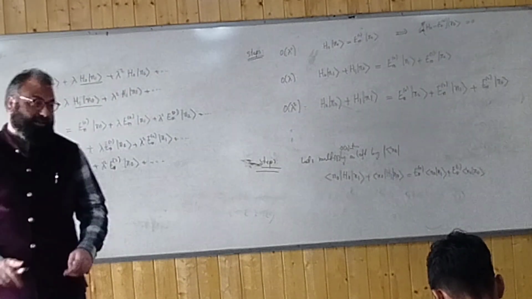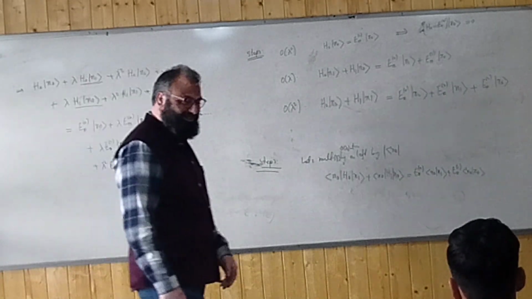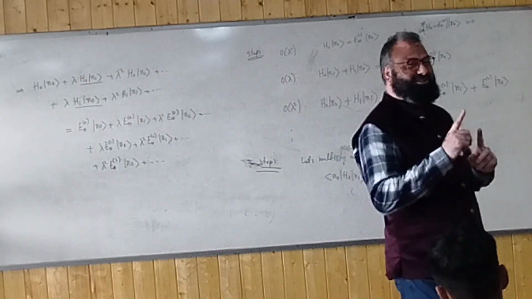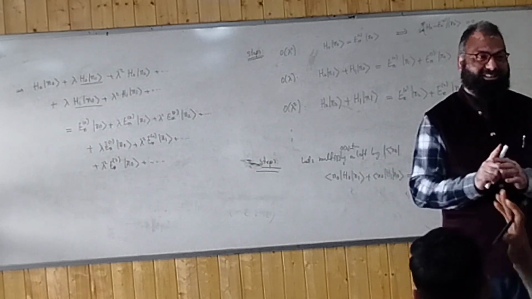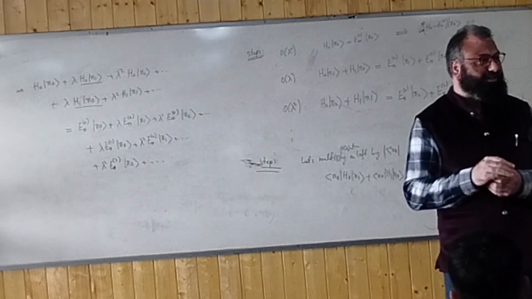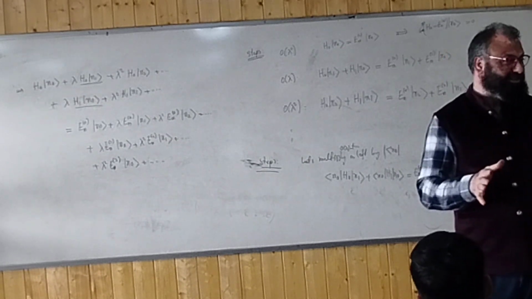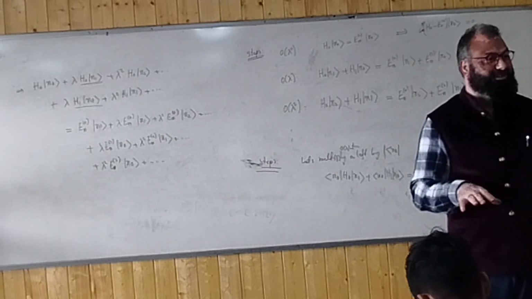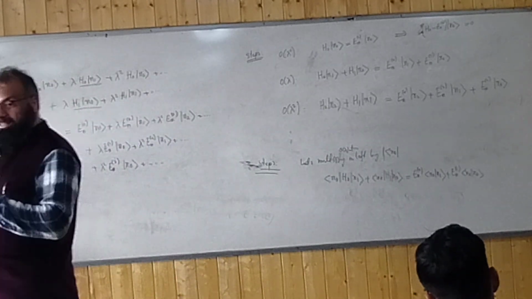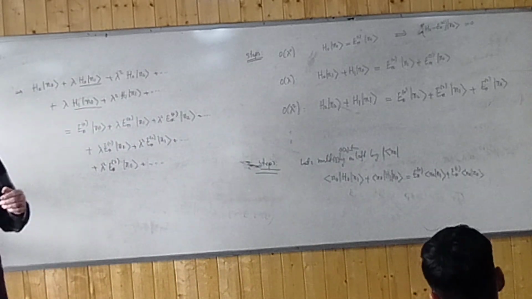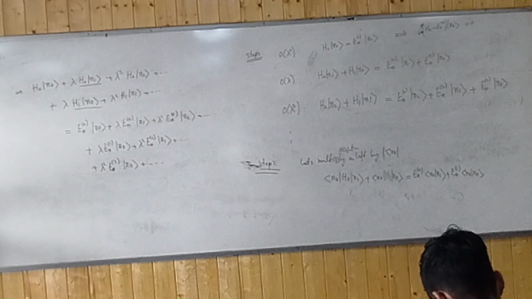Yes, I forgot to mention when we started this theory, I usually forget things, that we are doing non-degenerate perturbation. We are not assuming any kind of degeneracy in the states. Clear? And the second point is we are assuming the discrete spectrum. I am not assuming any continuous spectrum. Got it? So these are the two assumptions we are making in this derivation, although the theory is valid for the degenerate or continuous spectrum, but in the case of degeneracy there are certain subtleties.